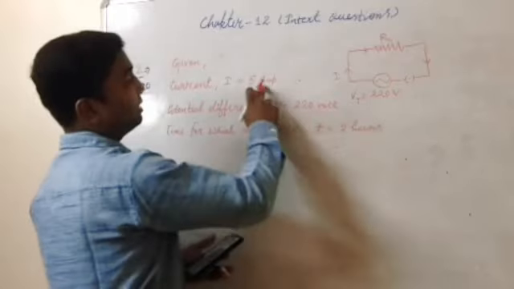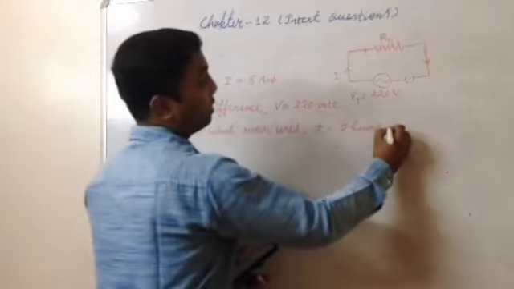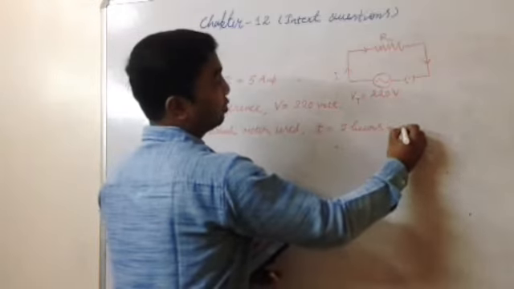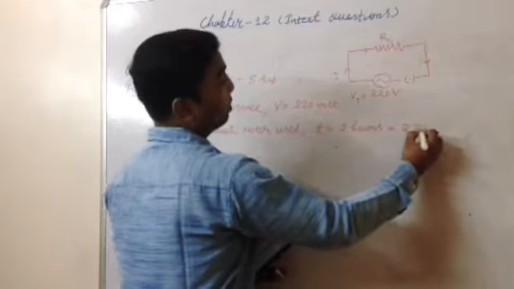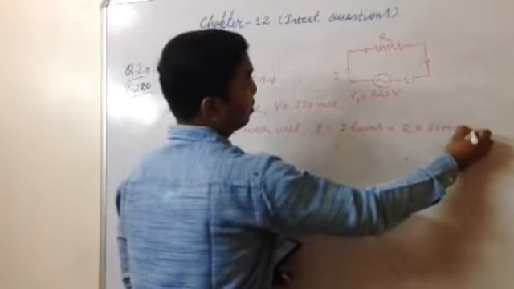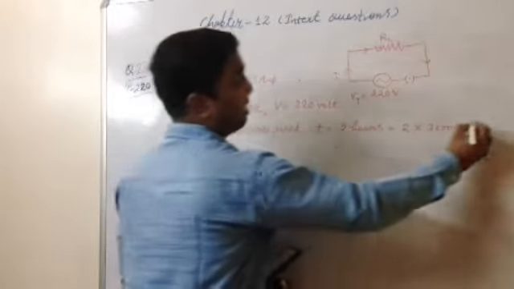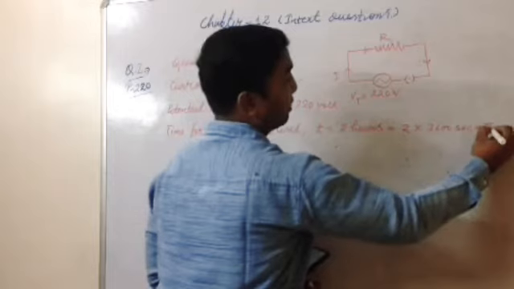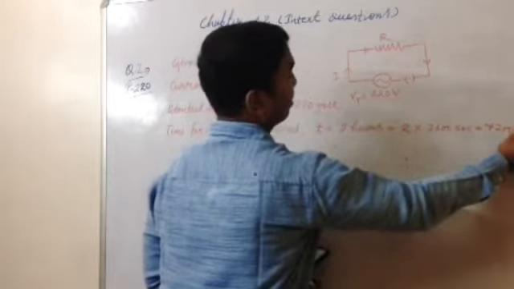Voltage is in SI unit, but time we will have to convert in SI. 1 hour equal to 3600 seconds, so 2 into 3600, the time would become 7200 second.